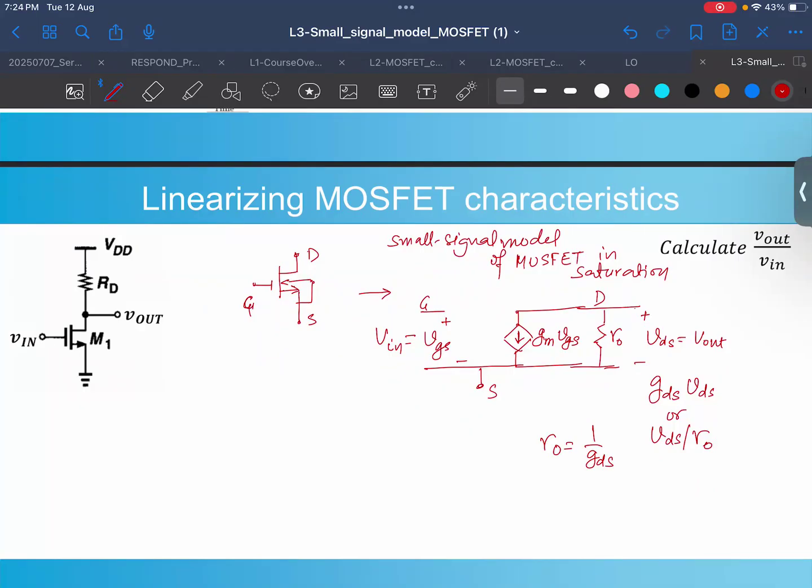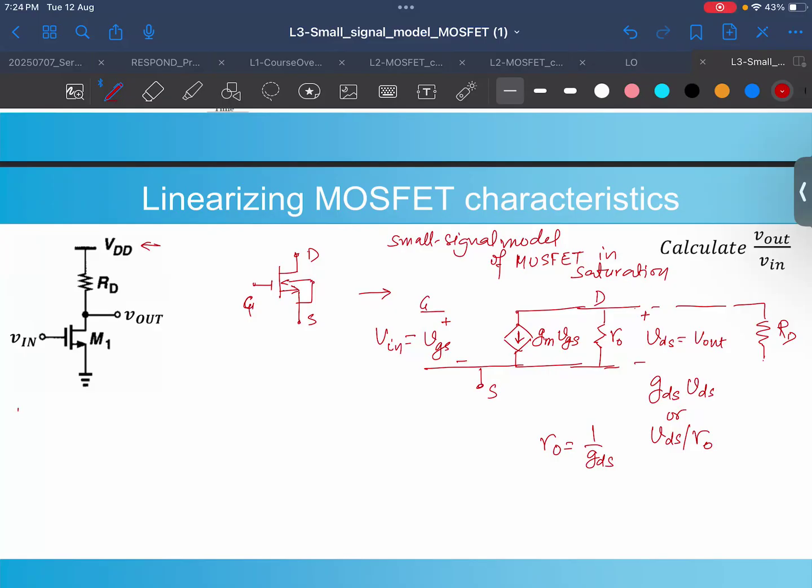If we apply this small signal model, the only thing we have here is this RD, which is connected to the drain. And where is it connected to? VDD. But we know that in small signal analysis, because it is an incremental analysis, there is no perturbation to VDD.